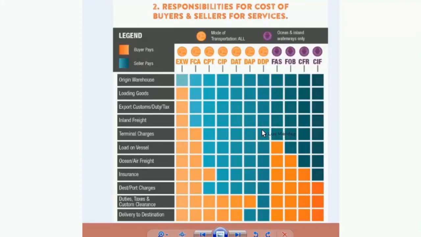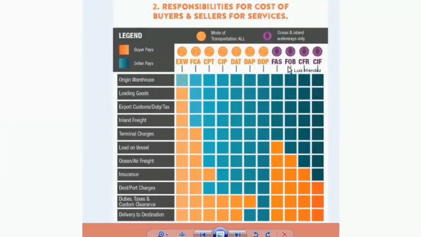Then we have the ocean and inland waterways only rules. That means that we have first the FAS. So the seller is going to pay from origin warehouse up until terminal charges, and then from load on vessel until delivery to destination is going to be paid by the buyer or the importer.